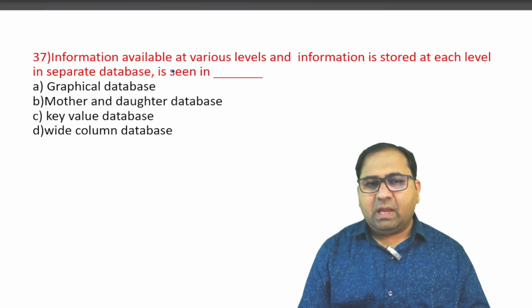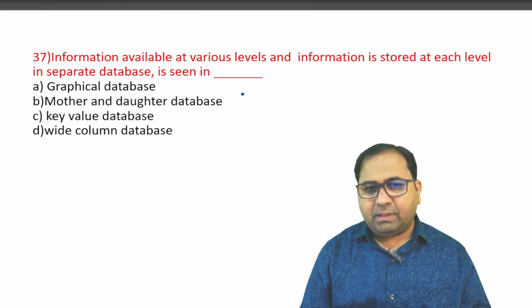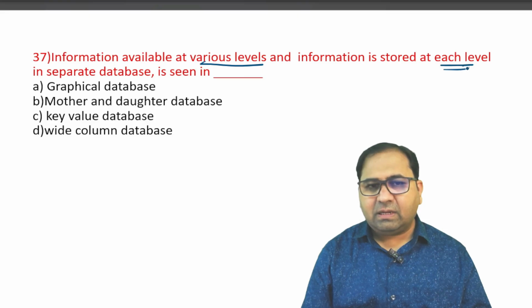Next question. Information is available at various levels and is stored at each level in a separate database. So this is seen in what type of database? The options are A, graphical database, B, mother and daughter database, C, key value database, or D, wide column database.